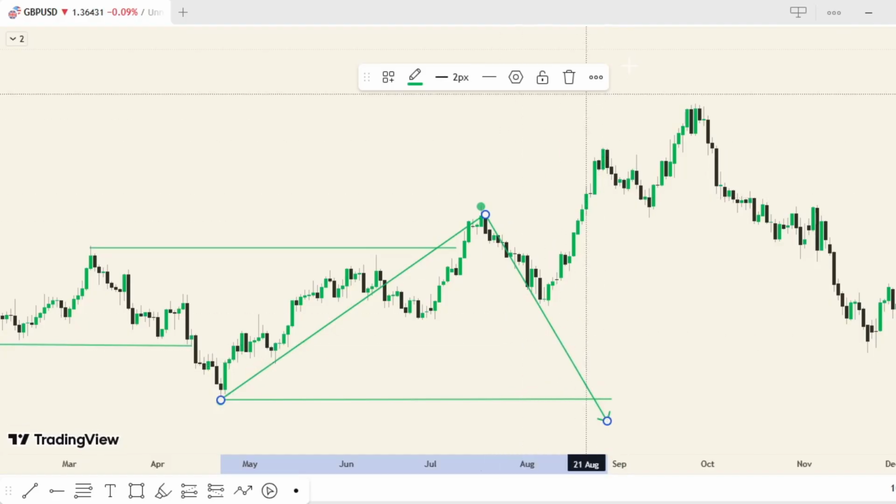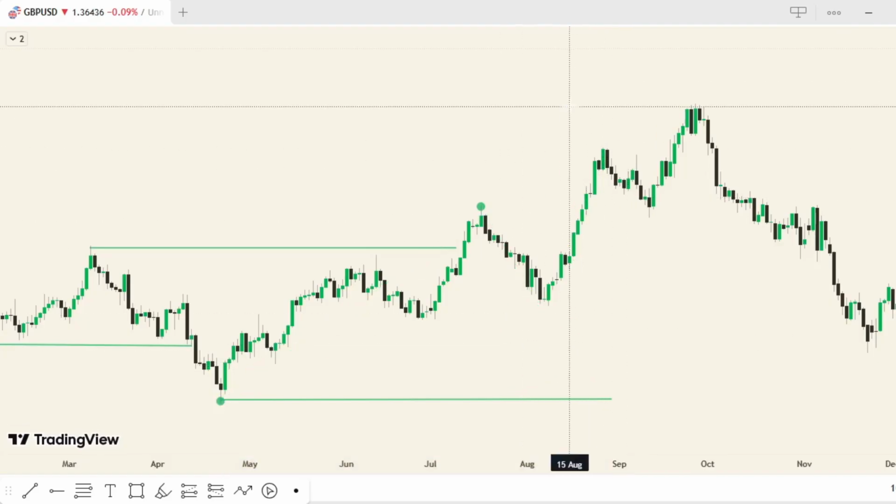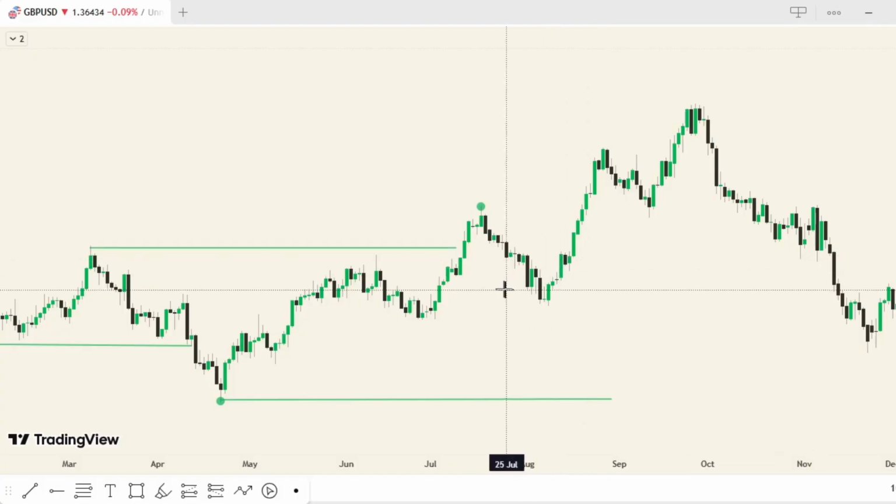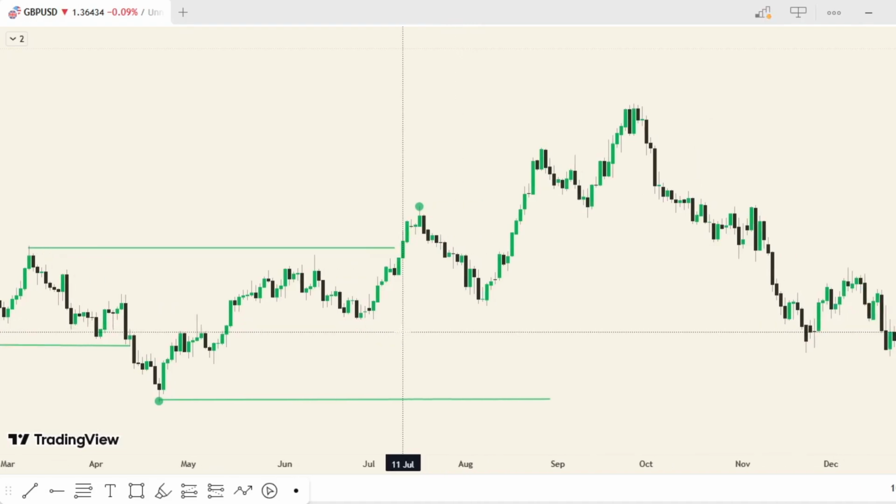But since we have not seen any formation of such, whatever trade I want to take in this environment is to target the next draw on liquidity or to flow with the market. So now we have a new swing, which is a higher low.